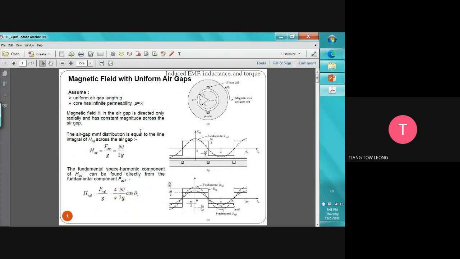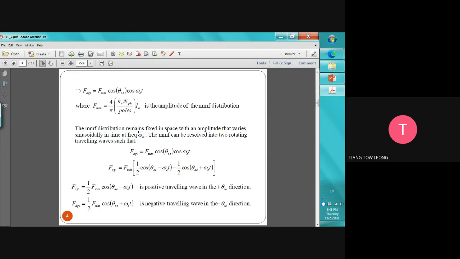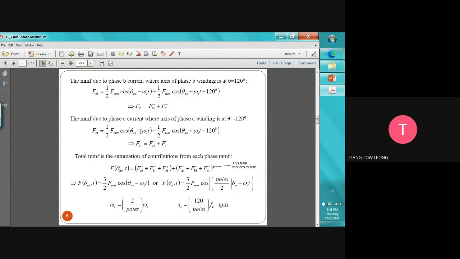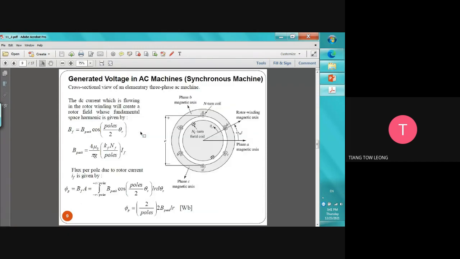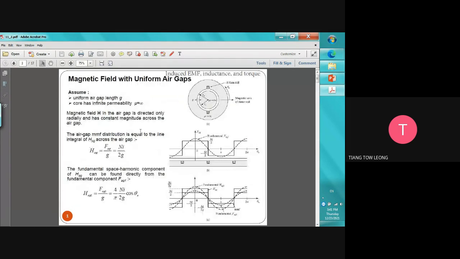This is the induced EMF, inductances, and torque. Any question, class? If no question, I will proceed with the induced EMF, inductances, and torque.